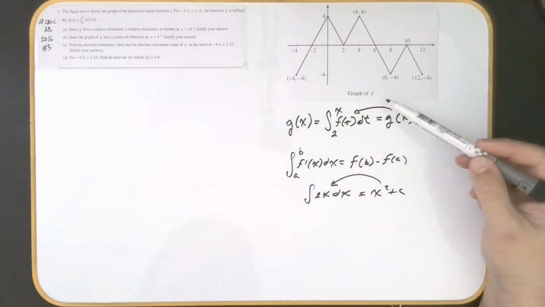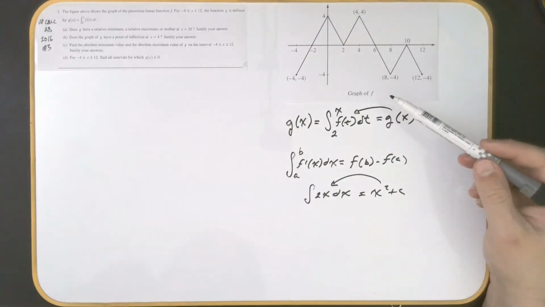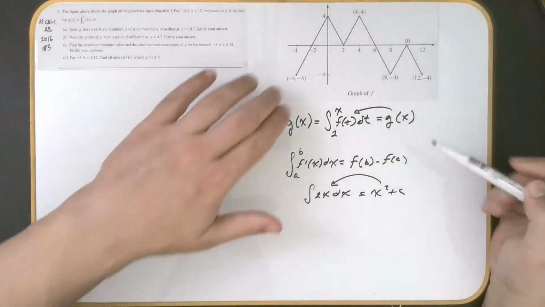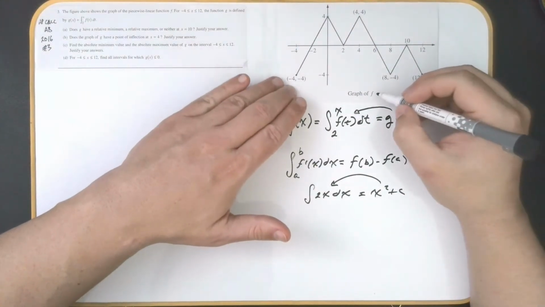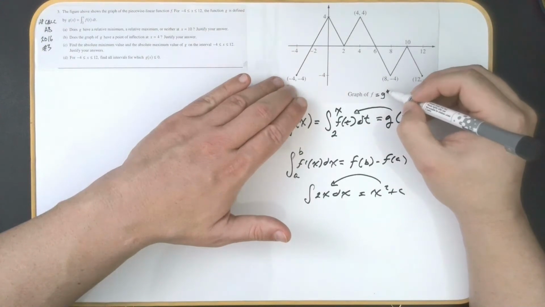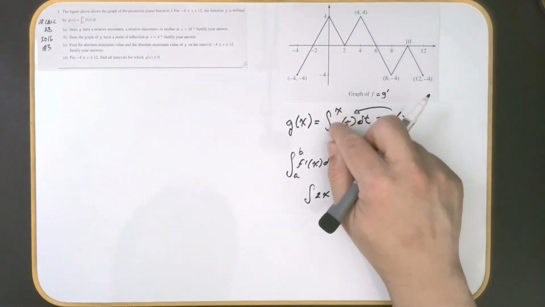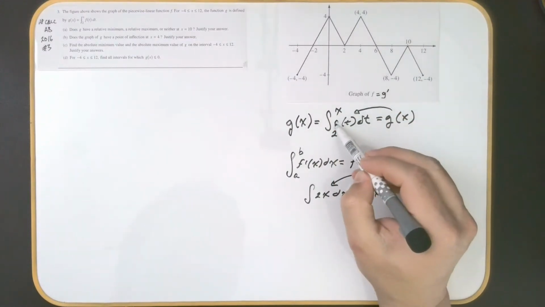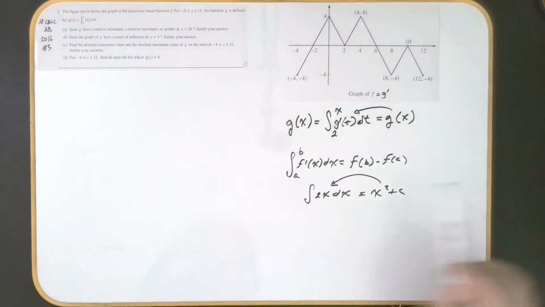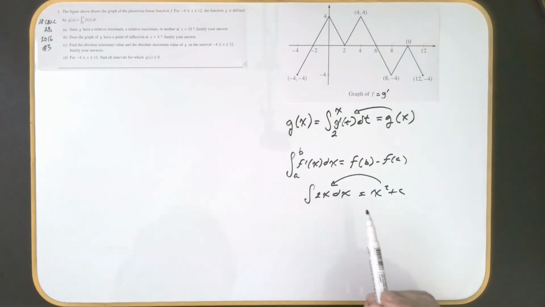So when they say up here, this is the graph of f, you immediately want to make a correction, or this adjustment, and say, well, I know that f is equal to g prime. And then on the actual function itself, you could say, well, I'm not going to use f anymore, I'm going to use g prime. And when they do this kind of thing, you actually get a point for declaring that.